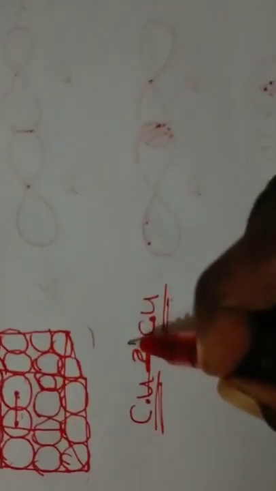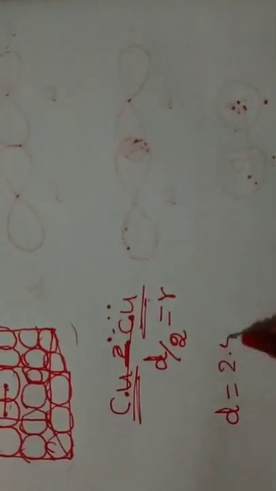The distance between the nucleus of one copper atom and the nucleus of the other is known as the metallic radius after dividing by 2, as in the previous case. The given data for copper is D equal to 2.56.